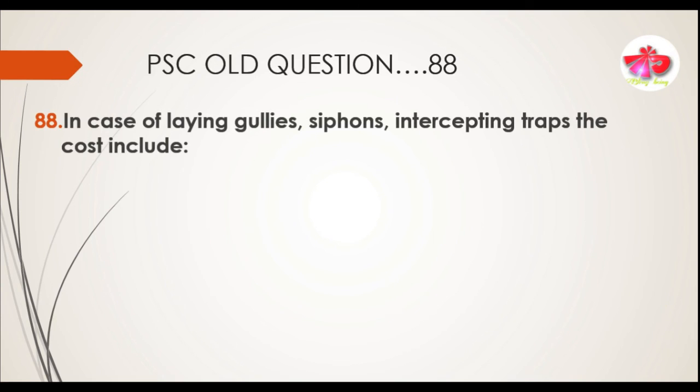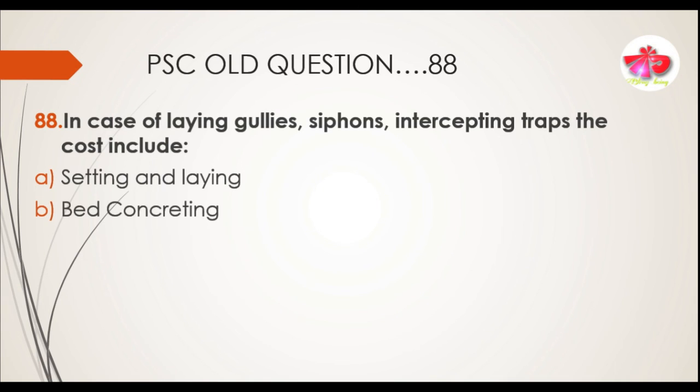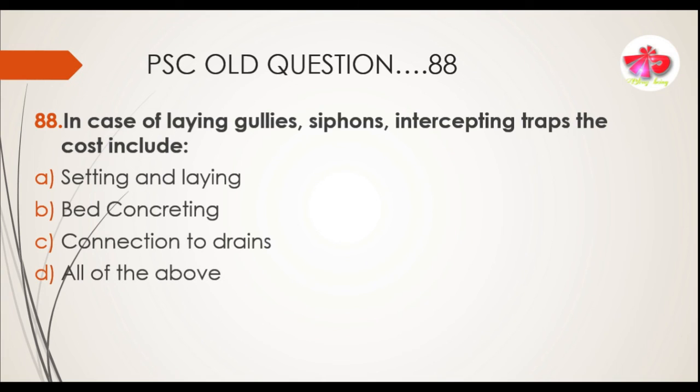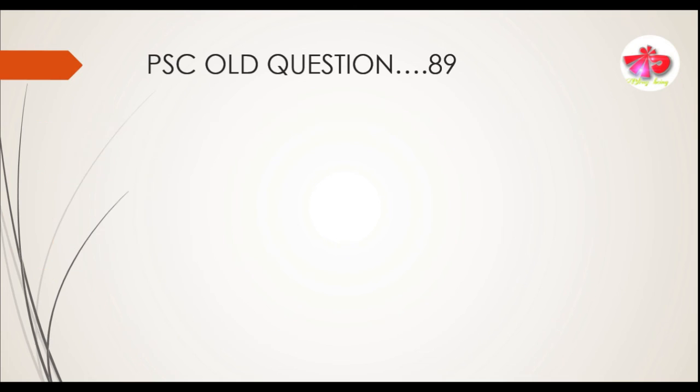In case of laying gullies, siphons, intercepting traps, the costs include: option A, setting and laying; option B, bed concreting; option C, connection to drains; and option D, all of the above. So friends, the cost includes all of the above: setting and laying, bed concreting, connection to drains. So you have to do all these things in case of laying gullies, siphons, intercepting traps.